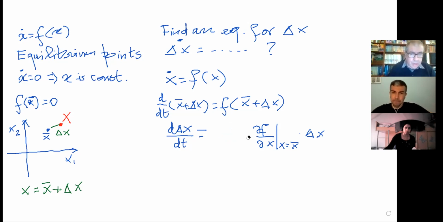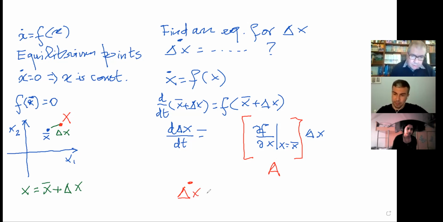So you end up with a matrix, and the derivative of delta x is a matrix times delta x. If you call this A, you have delta x dot equals A delta x, which is a linear model.